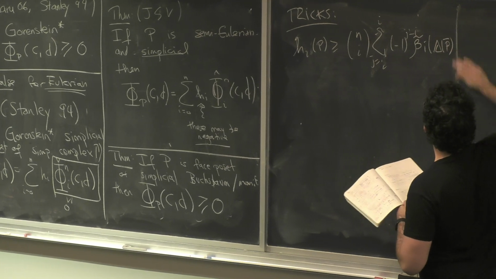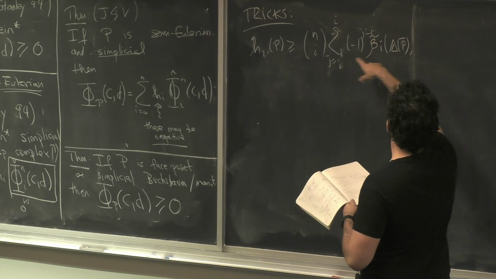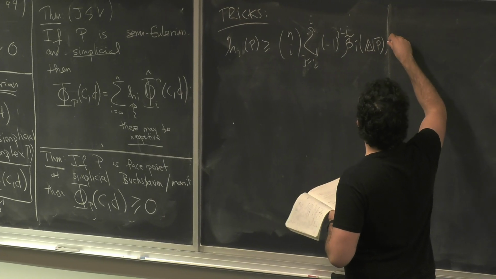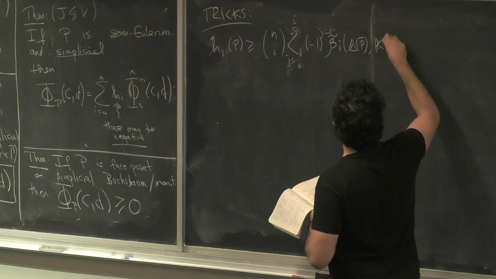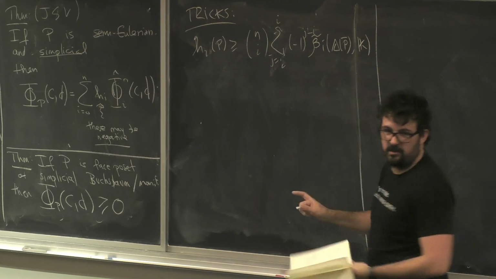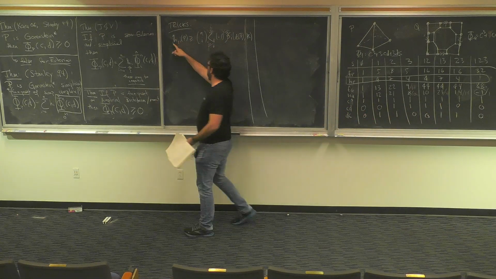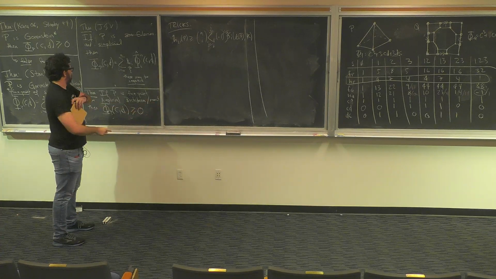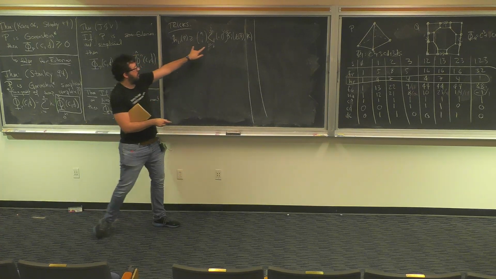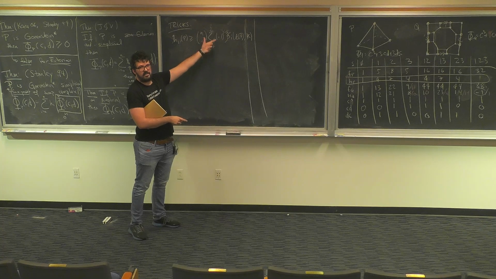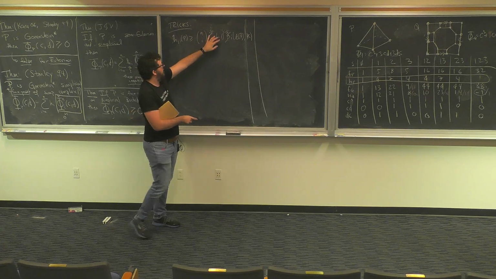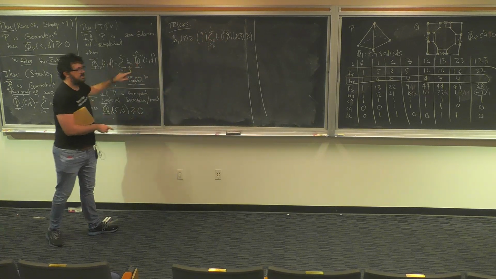Remember that this was the order complex, or the complex is actually the same over the field k. And so the trick is we're going to change these guys for this inequality over here, and it expands into a nice recursion involving some alternating sum of these guys over here.